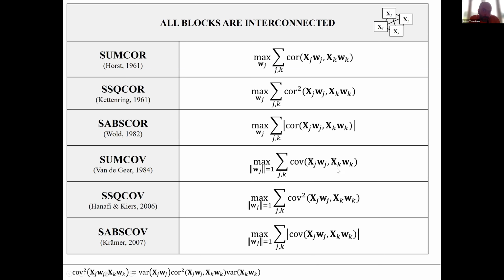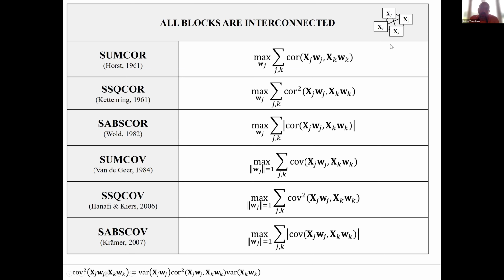If you maximize the square of the covariance, you are in fact doing PCA on Xj and PCA on Xk through these two terms, but you also force the block components to be correlated. So it is a kind of compromise: you have three terms, two terms for a kind of PCA, and one term that forces the components to be correlated. So it is interesting to maximize the covariance.